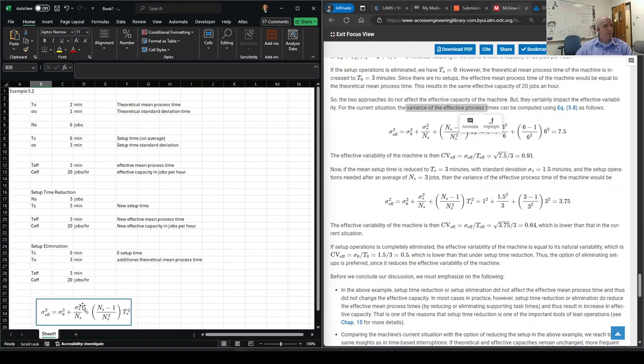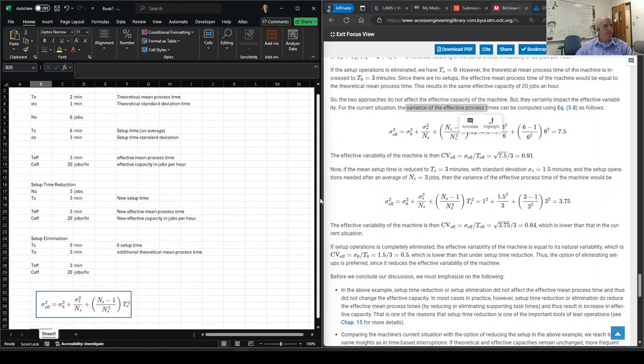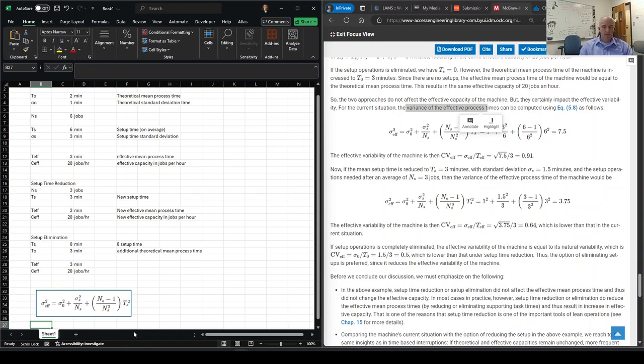Equals, this is our standard deviation of the theoretical process time, which is right here. 1, and we're going to square that. 1 squared plus, now we'll do the standard deviation of S, which is the standard deviation of the setup here. We'll square that. Whoa, what happened? I lost it.